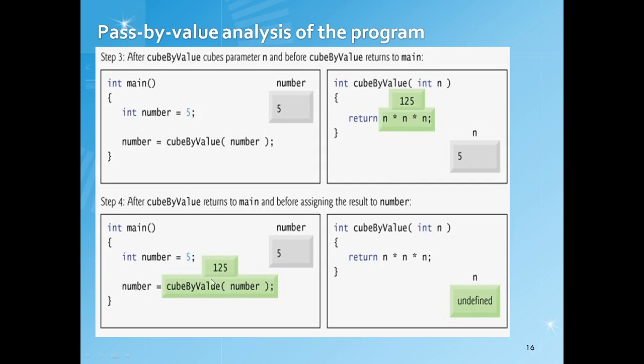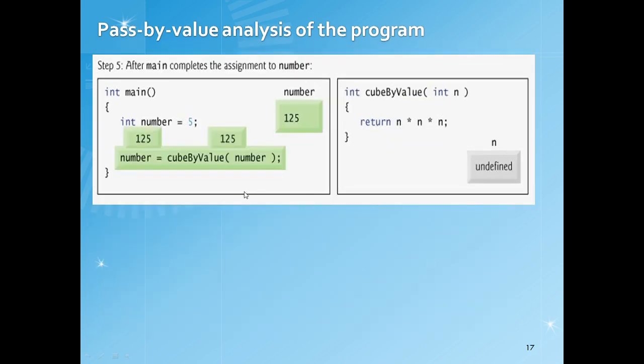It's not the same. Whatever changes, the number itself doesn't change, because it's only a copy of the number. At the same time n is already undefined, meaning it's out of scope, so it is meaningless here. But finally the 125 is assigned to number. It means they changed it, replacing the value of the number.